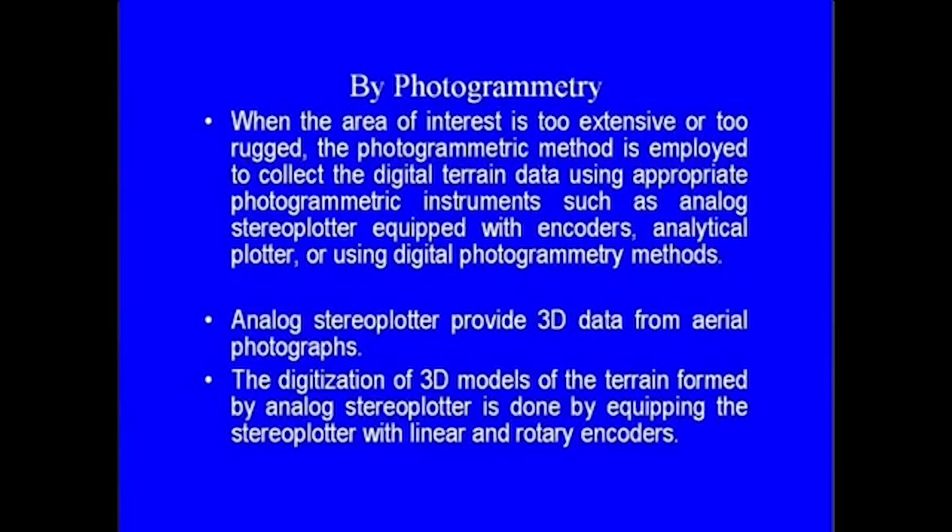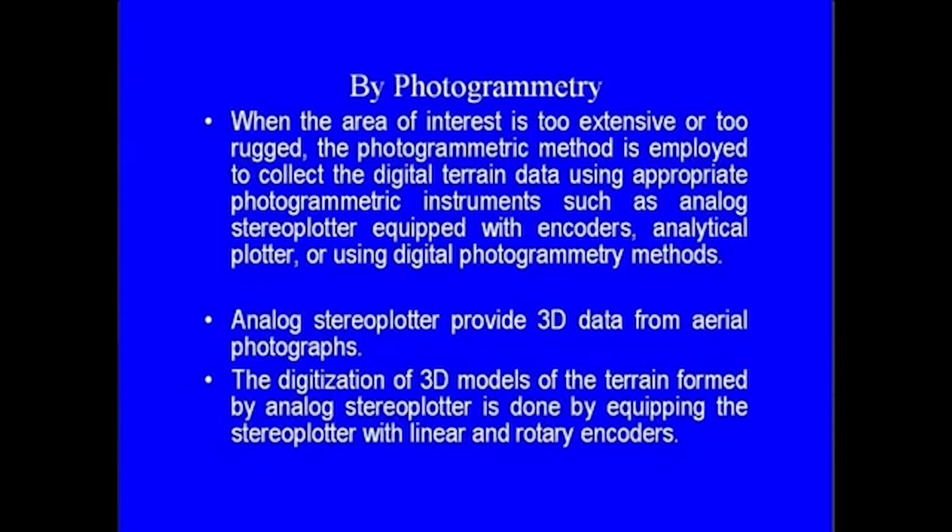The next source from which data could be extracted is photogrammetry. When the area of interest is too extensive or too rugged, the photogrammetric method is employed to collect the digital terrain data using appropriate photogrammetric instruments such as analog stereo plotter equipped with encoders, analog plotter or using digital photogrammetric methods.